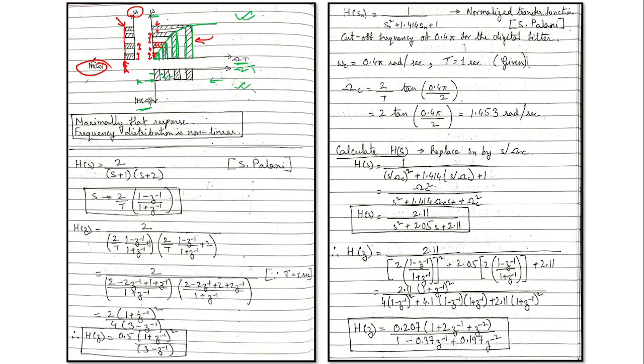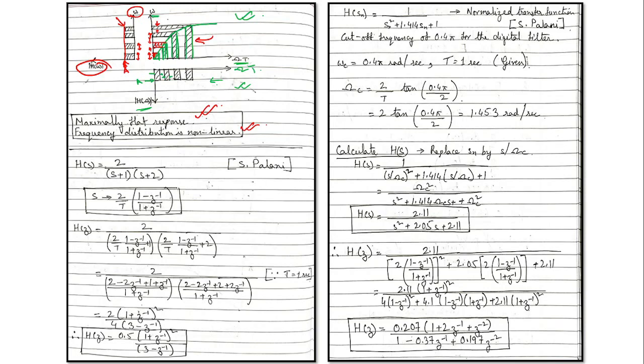That means the higher frequency components are getting compressed within a smaller region in the digital domain. So as I told you, while we design the filter using the bilinear transformation method, we expect a maximally flat response. And secondly, we have seen that we are having a frequency distribution which is non-linear in nature.